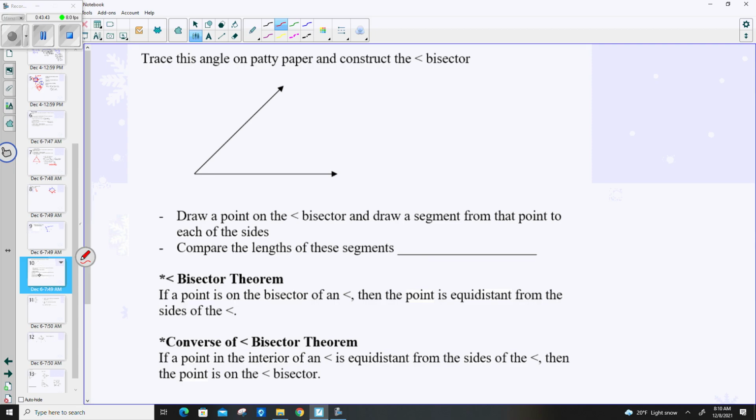So trace that angle up at the top. So you should now have an angle kind of in the bottom left-hand corner of your patty paper.